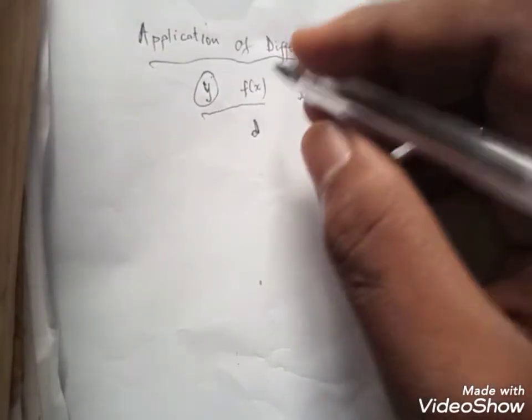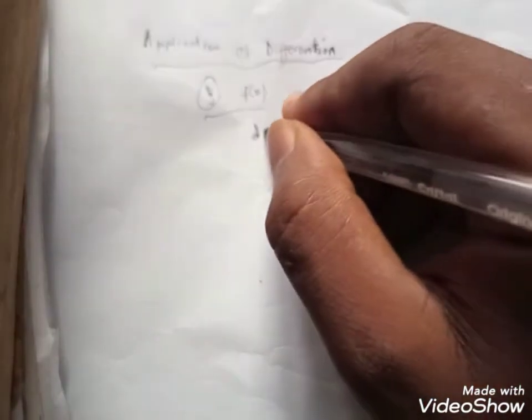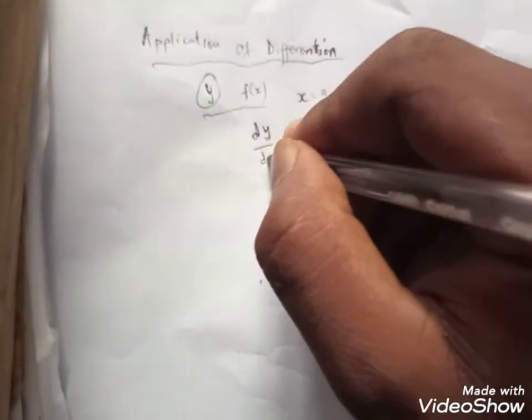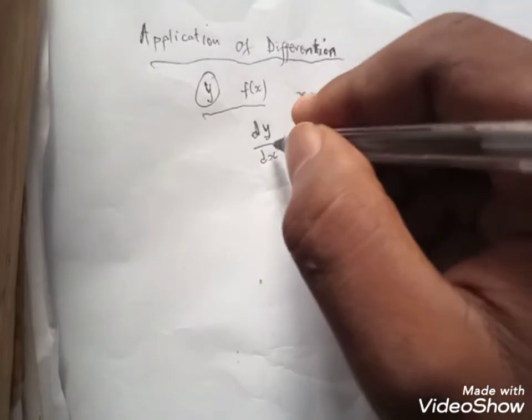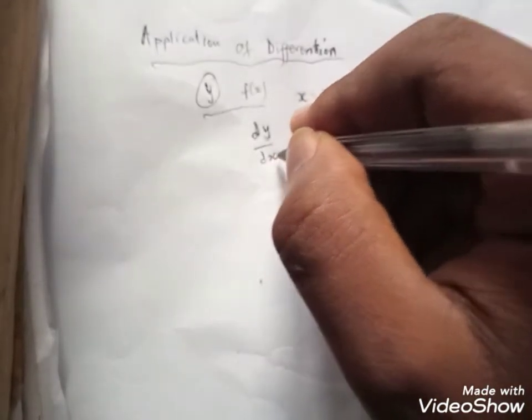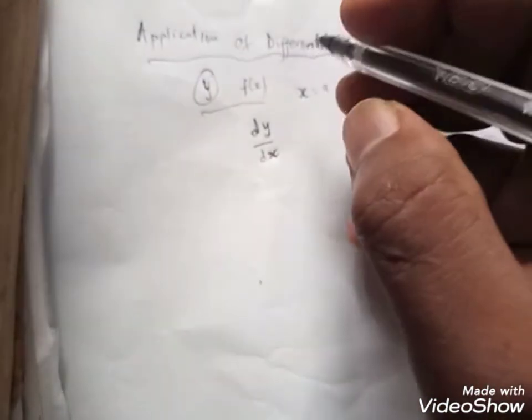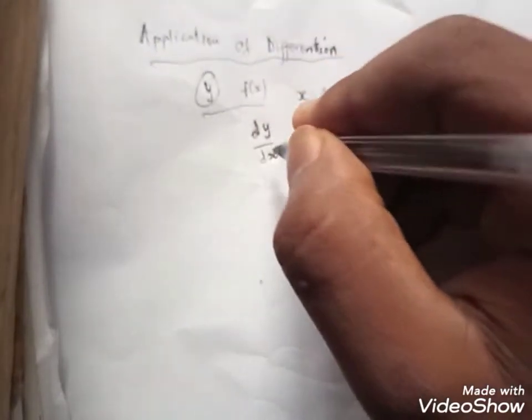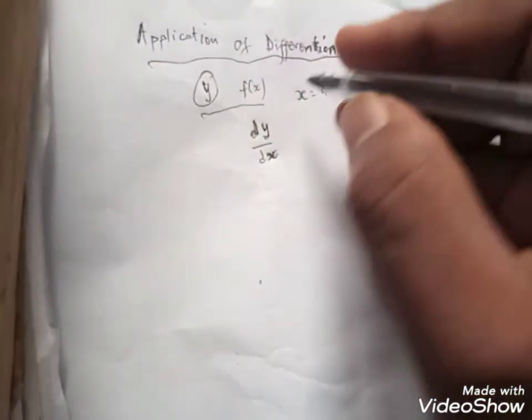So what you do is you just differentiate the function given with respect to the other variable, that is, the variable you are to input. You differentiate the output variable with respect to the input variable.